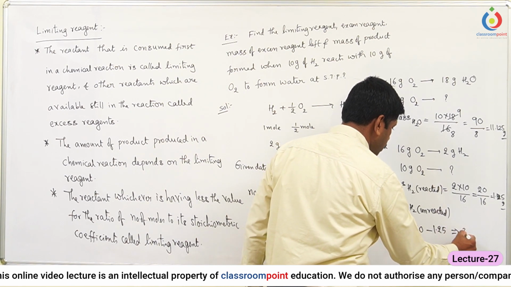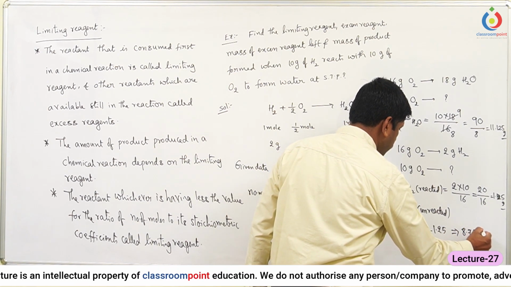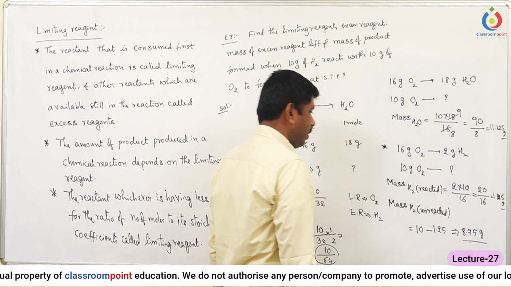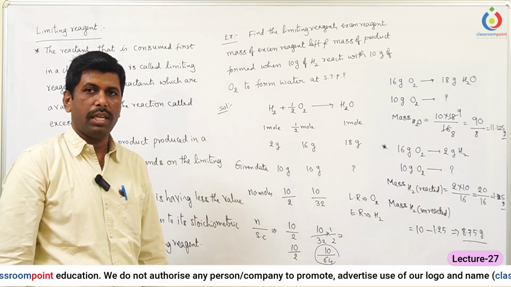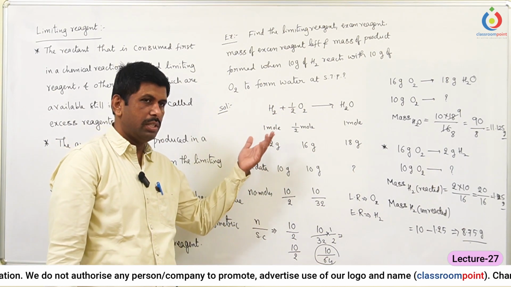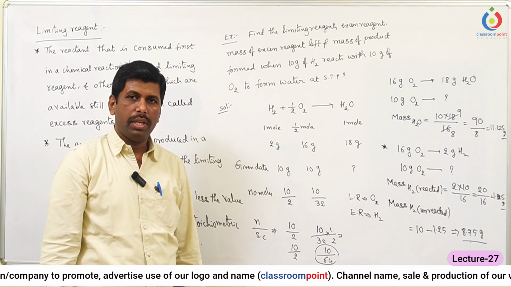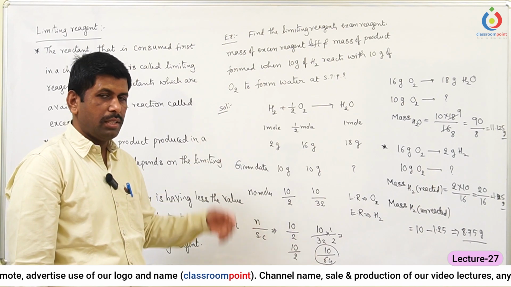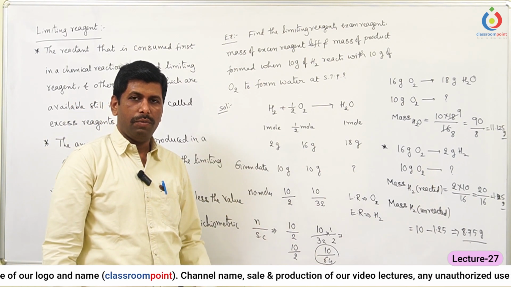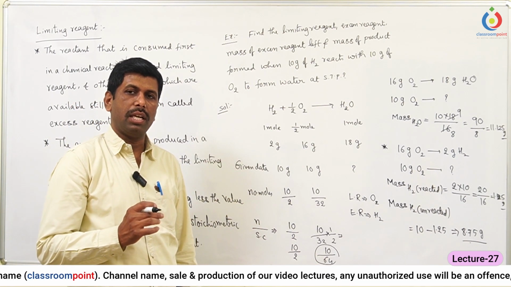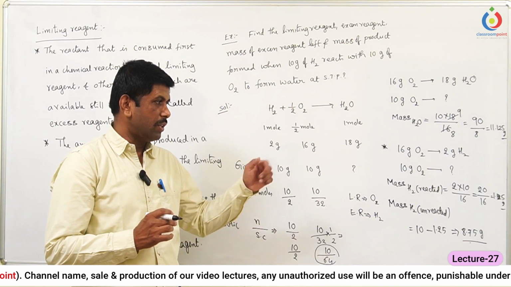So this value equals 8.75 grams of hydrogen is still available in the reaction and waiting for the oxygen to be available. So like this we can solve the questions of the limiting reagent, and let us see some more important questions which will give you good practice in understanding the limiting reagent concept. First you copy this one.